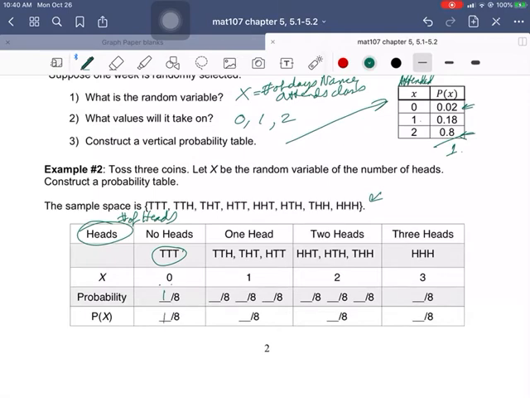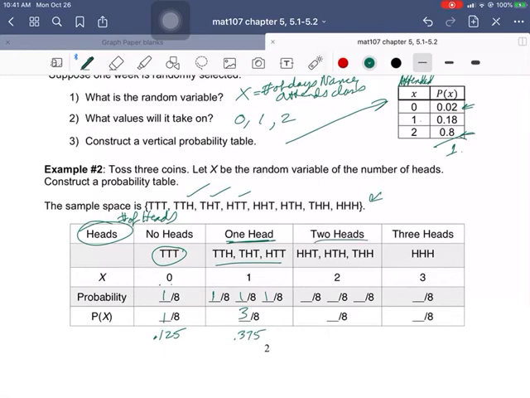So the probability is 1 divided by 8, or 0.125. The probability of getting just 1 head: there's 1, 2, 3, that's it. They're listed right there. 1/8 each, which makes them 3/8 altogether, which is 0.375.